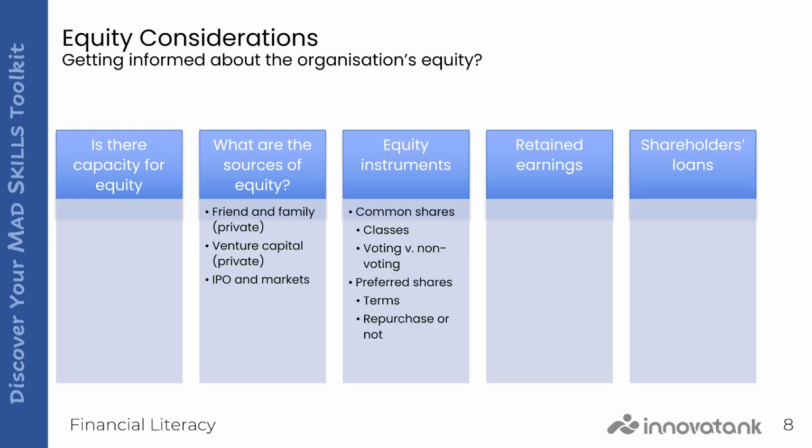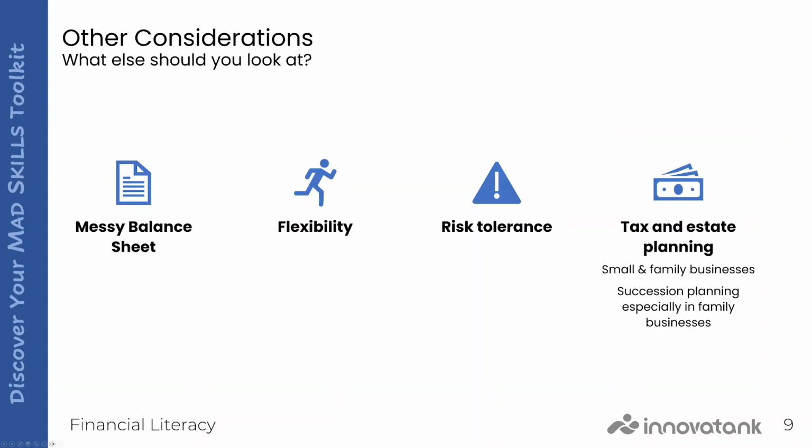In a private company, you have many more. And then you can look at things like preferred shares. What are the terms? Can they be repurchased or not? What are the restrictions? And then looking at items like the retained earnings, shareholders' loans, all of those pieces, and what types of implications do those have on the ability to raise equity.